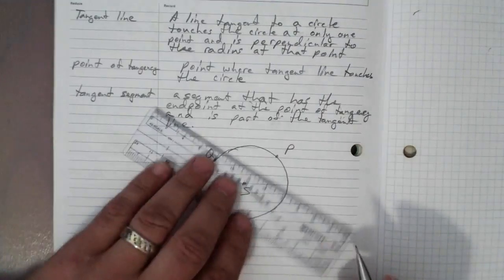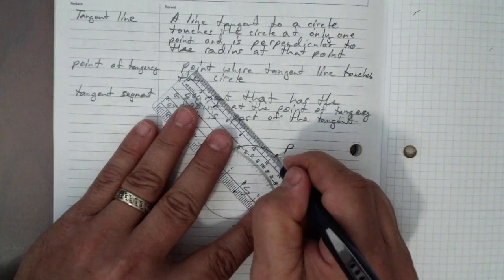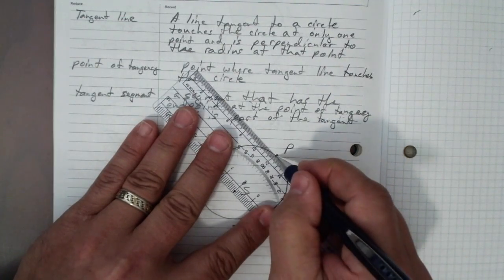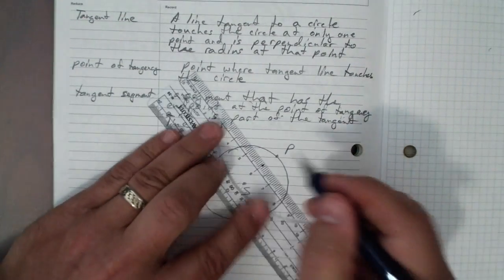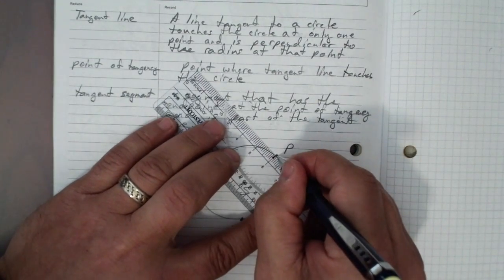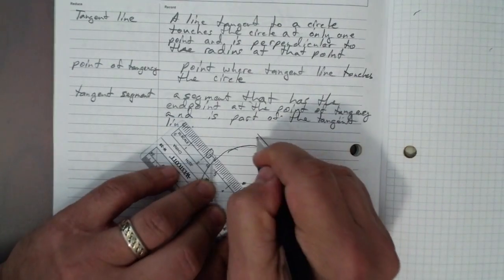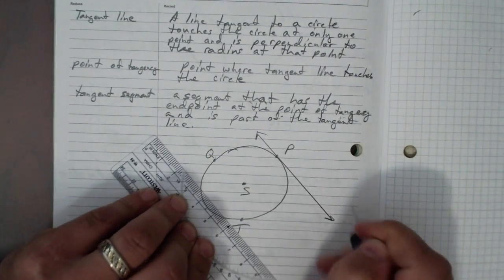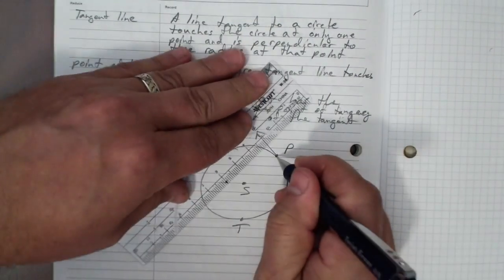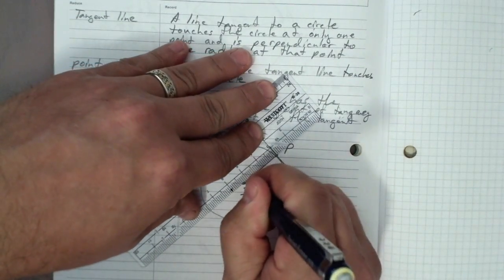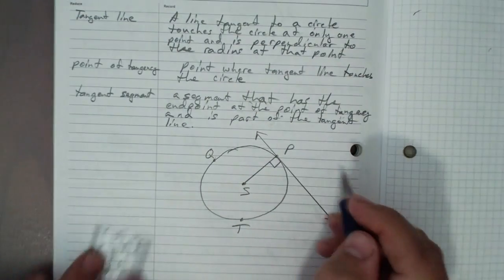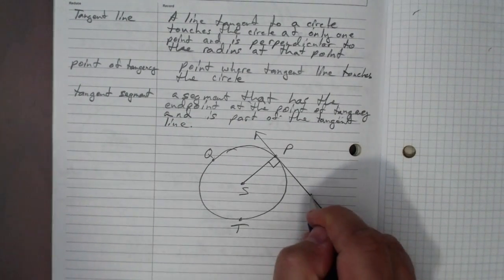Now I'm going to draw a tangent line at P. Now what I do is I line up 90 degrees perpendicular, so I can go 90 degrees and make sure it touches my S, because that means it's perpendicular to the center at this radius here. 90 degrees, and it only touches at point P, and we label this point A out here.